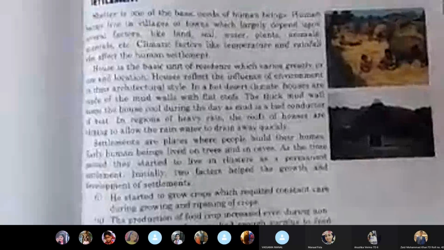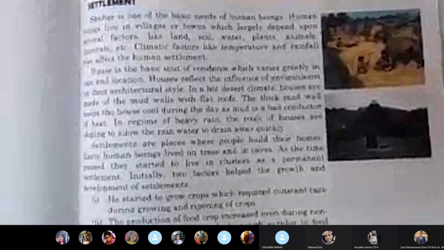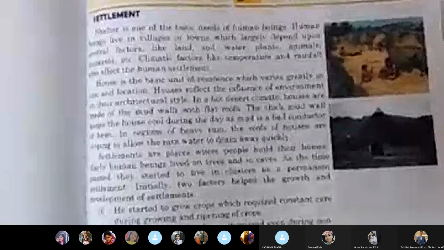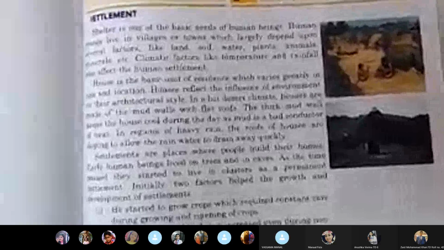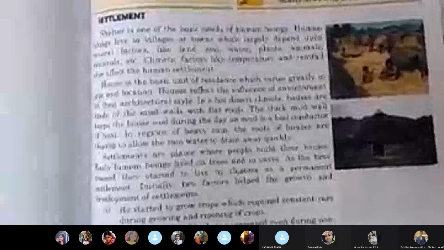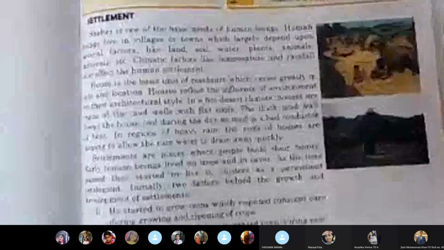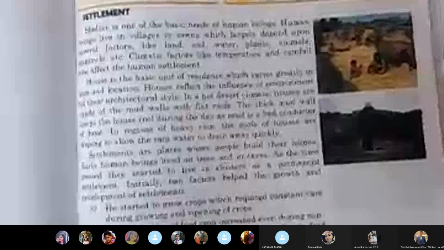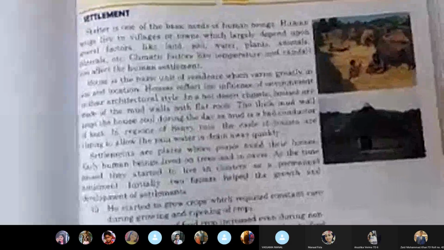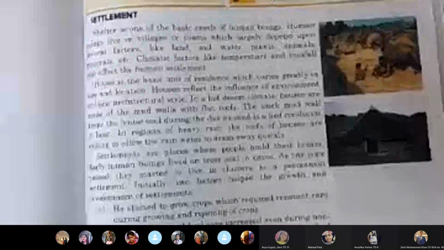Now, houses reflect the influence of environment on their architectural styles. The houses which are built, they are according to the environment in which they are. Supposing in a hot desert climate, houses are made of mud walls with flat roofs. The thick mud wall keeps the house cool during the day, as mud is a bad conductor of heat.